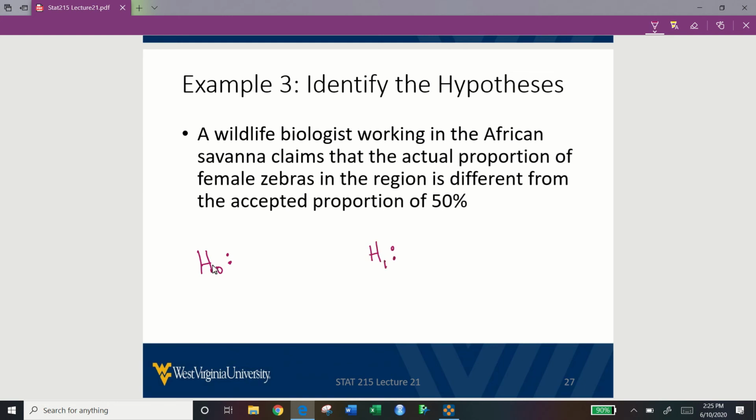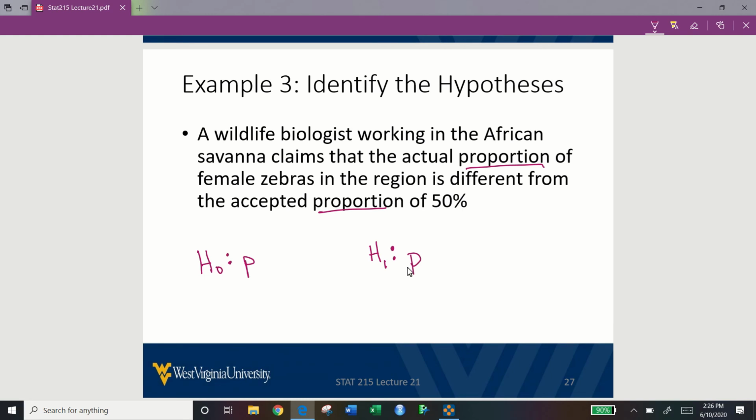So we can set that up immediately. Next, we care about our parameter of interest. Are we talking about proportions or means in this situation? Well, in this problem, I've seen the word proportion twice. So that's going to tell me that our parameter of interest is going to be p for proportion.